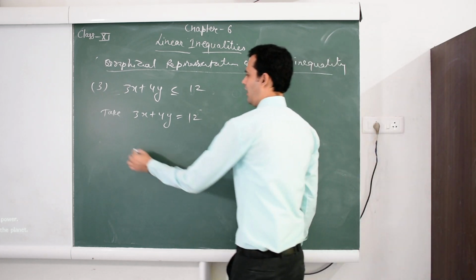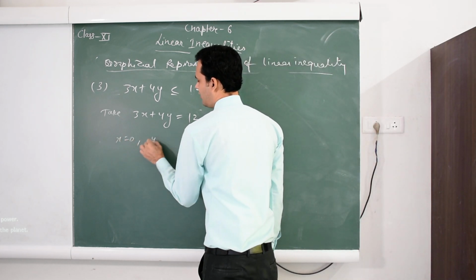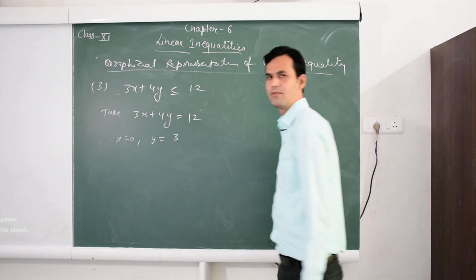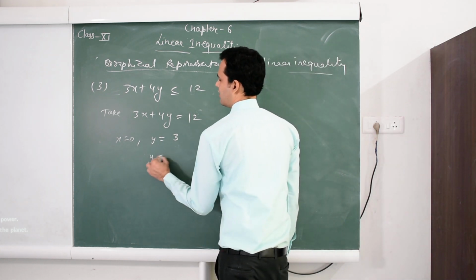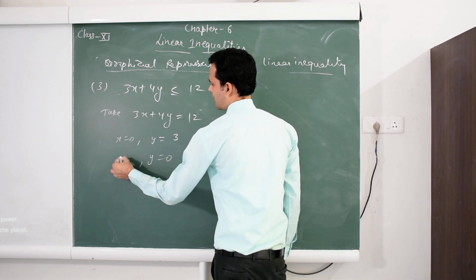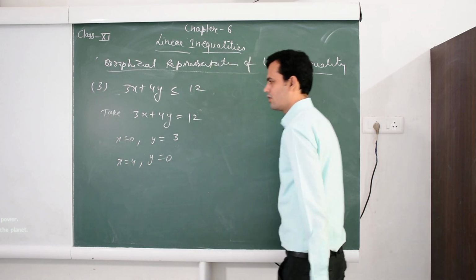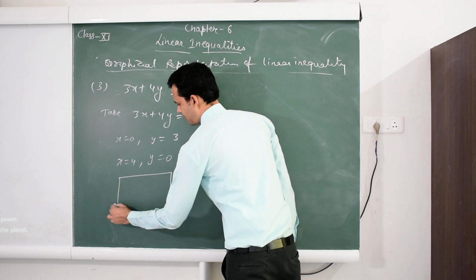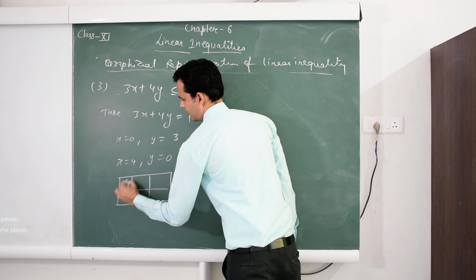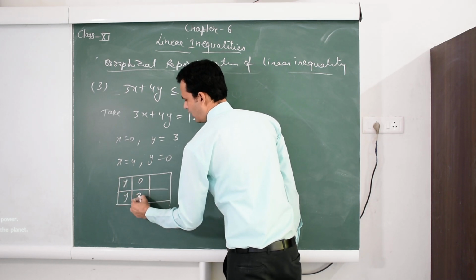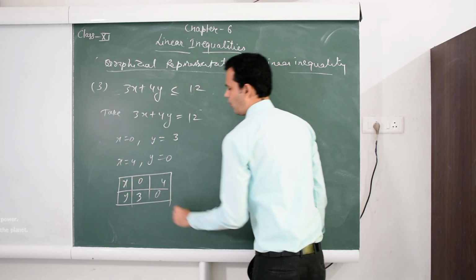Now we put x as 0, then we get y as 3. If we take y as 0, then we get x as 4. So these are the 2 points, x 0, y 3, and y 0, x 4.